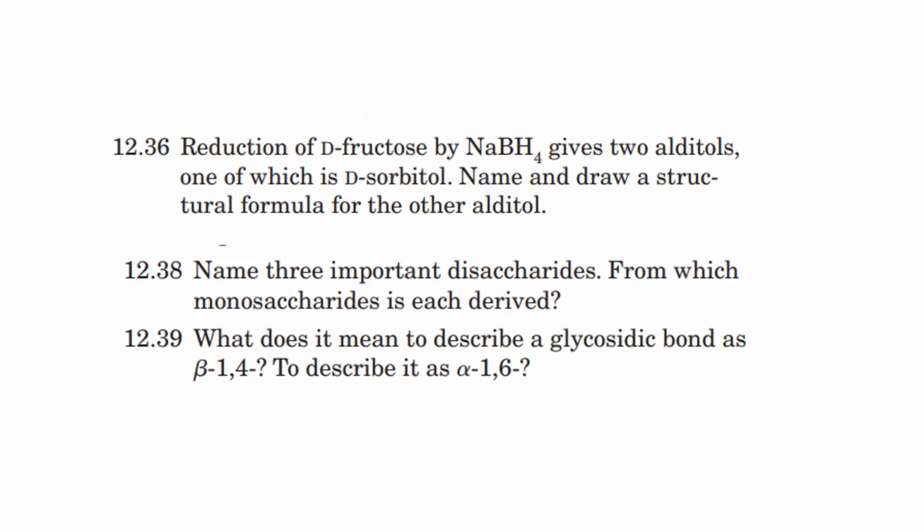So you have your D-fructose. It can be reduced by sodium borohydride, which gives 2 alditols, one of which is D-sorbitol, name and draw the structure. Okay, you have one of the reactions that we have discussed. Name 3 important disaccharides and from which monosaccharides each is derived. What does it mean to describe a glycosidic bond as beta-1,4, alpha-1,6?